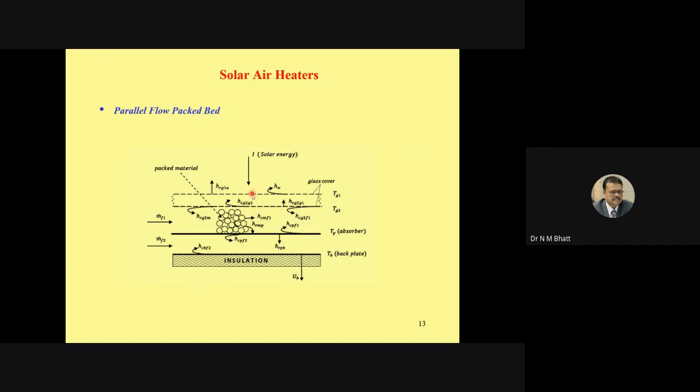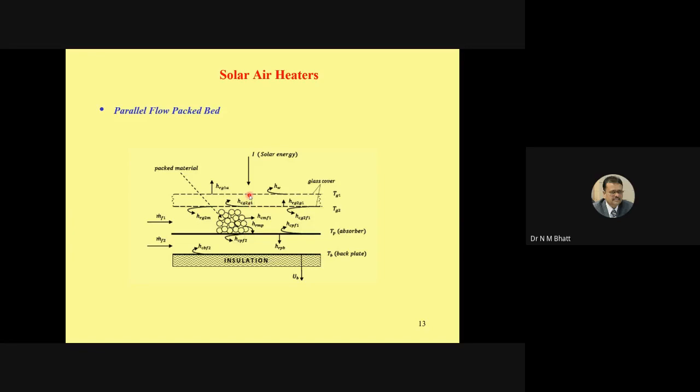Here you have two glass covers. The advantage of two glass covers is that convection losses are reduced, but at the same time the solar radiation going to the absorber also reduces, because the glass is not 100% transparent. It has its own absorptivity as well as reflectivity. So if, let's say, the transmittivity is 0.9, then with one glass cover 90% radiation goes to the absorber.